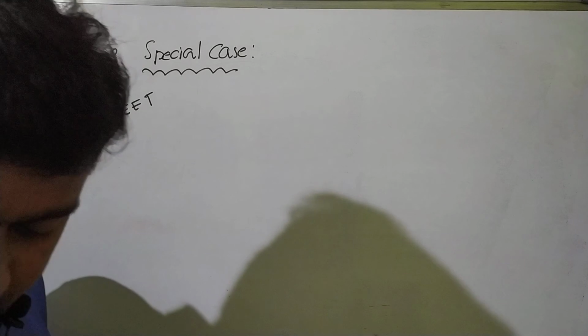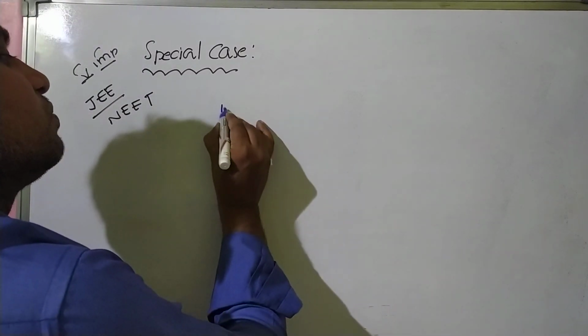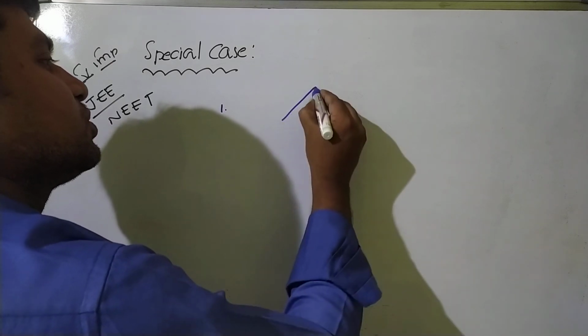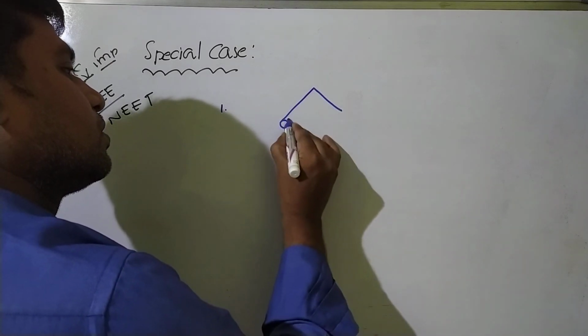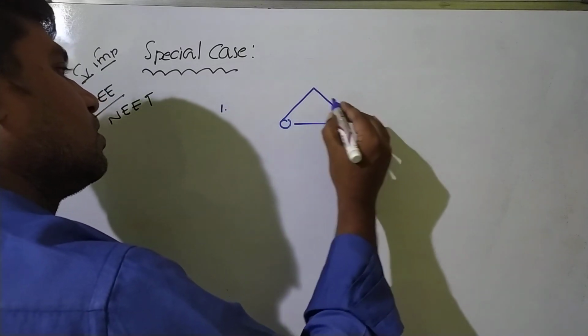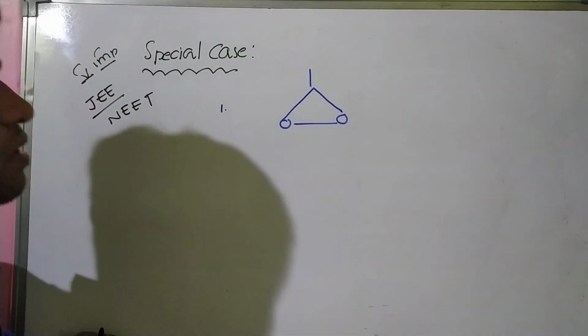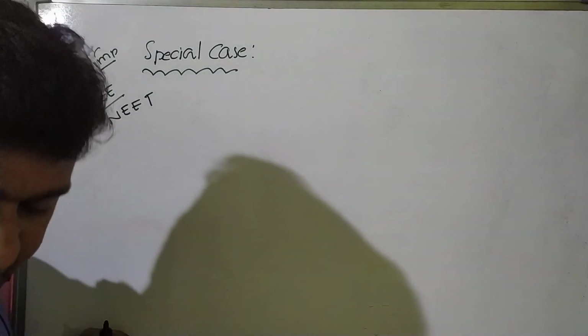Now I will give one more example. For example 1, this is one compound. So here a double bond.